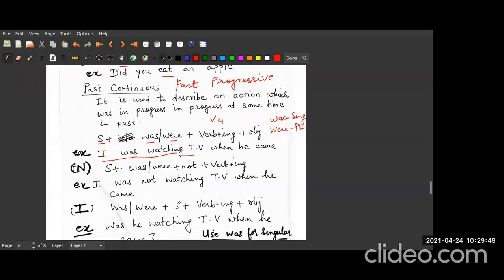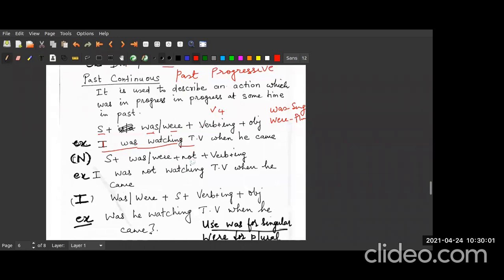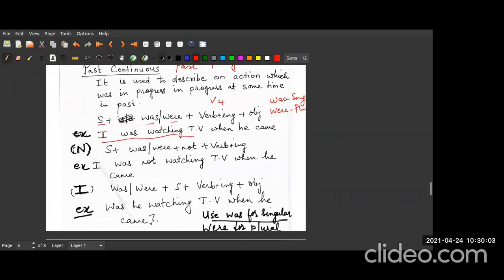Then making negative is very easy. How do you make the negative? After was, were, you add not. So there is some similarity in all the structures. In all the structures, after the helping verb, you add not and make the negative.